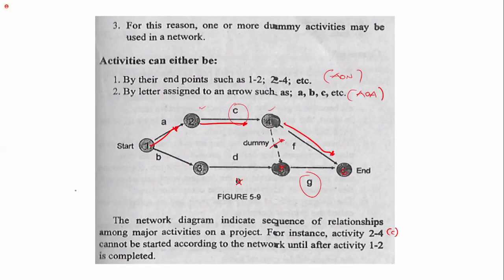And another, that 1, 3, 5, 6. That's another path. Then also the last one, 1, 2, 2, 4, 4, 5, and 5, 6. So there are total of 3 paths.